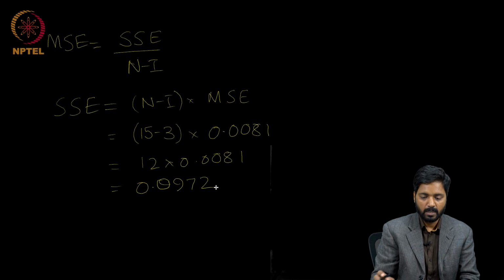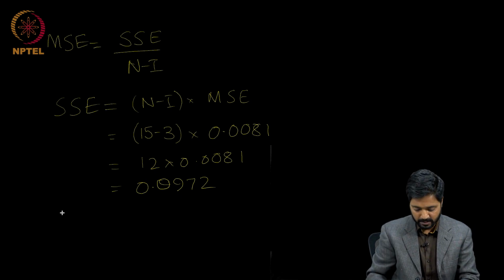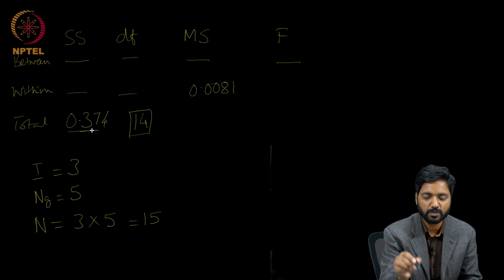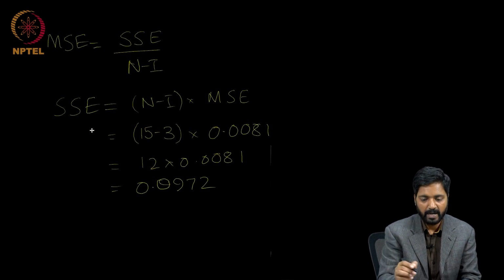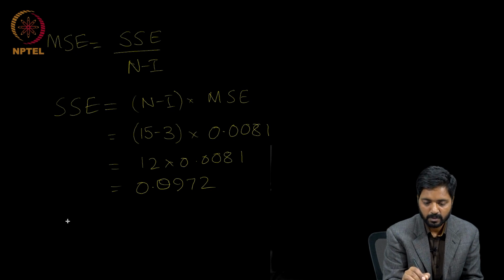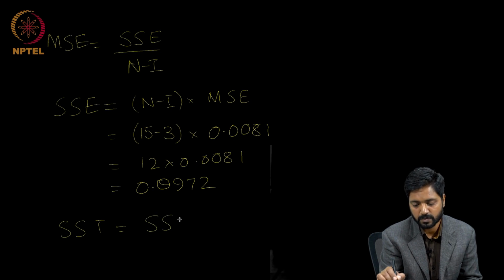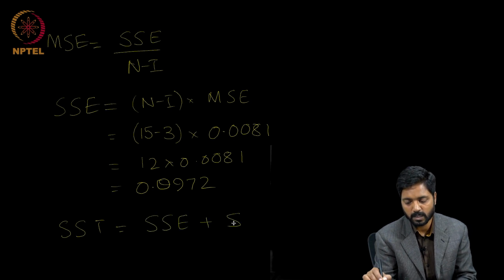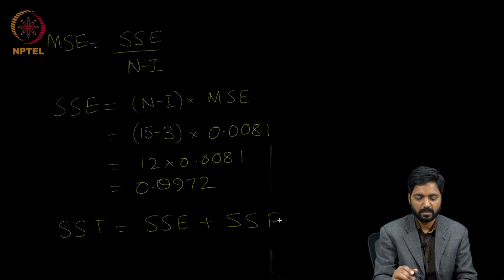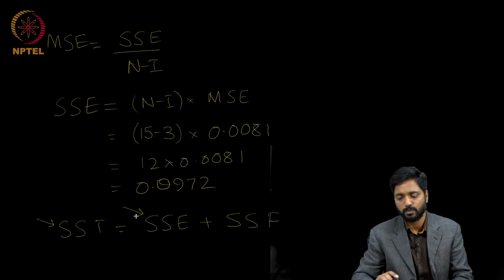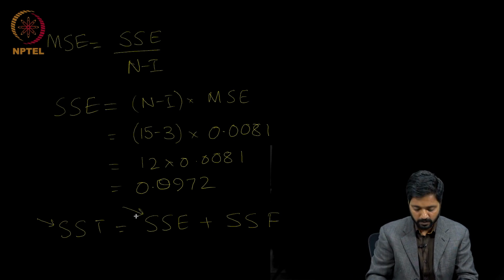Finally, as we solve this, it comes out to be 0.0972. Now another thing that is given to us, as we go up, we see that the sum of squares total is provided, and we know that sum of squares total is equal to sum of squares due to errors plus sum of squares due to factors. So since SST as well as SSE is now known to us, it would be straightforward to calculate the SSF. Now let us do that.